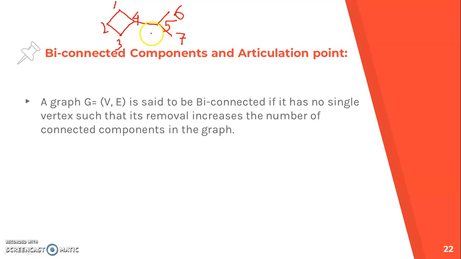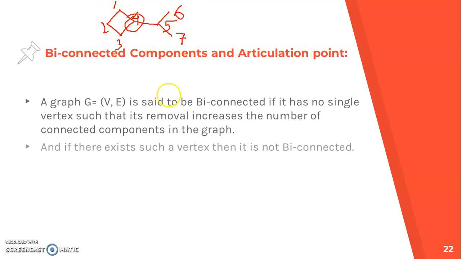If I ask you to remove this 4, what happens? This total graph is a connected graph, right? I am not considering a tree, just a graph. If we remove 4, it is divided into 2 connected components, because 1, 2, 3 is one component, and 5, 6, 7 is another component, right?